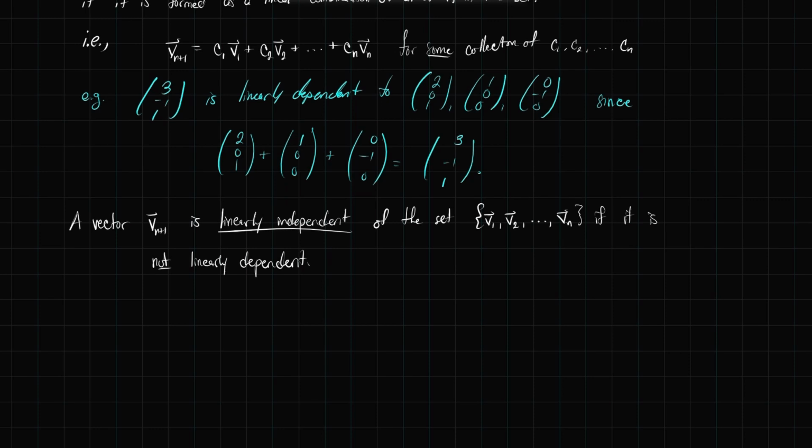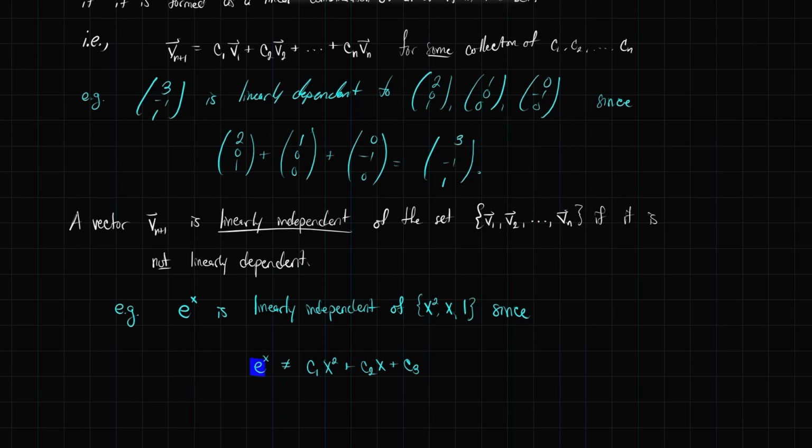So you just have to verify that it can't be written as the sum of the rest of them, and then you're linearly independent. An okay example of this would be that e to the x is linearly independent of x squared. This is the set x squared, x, and 1. Since e to the x is never equal to c1 x squared plus c2 x plus c3 times 1. There's no way that I can ever get a quadratic function to behave like an exponential function.